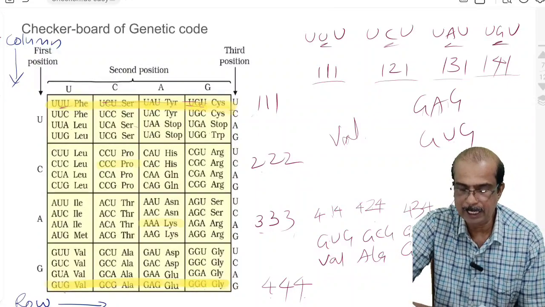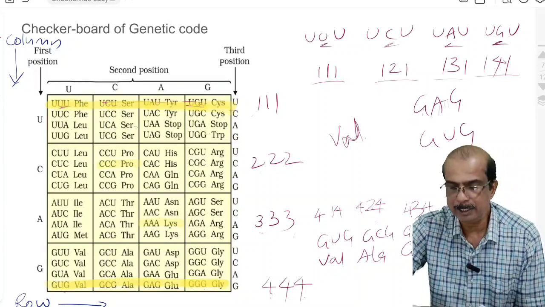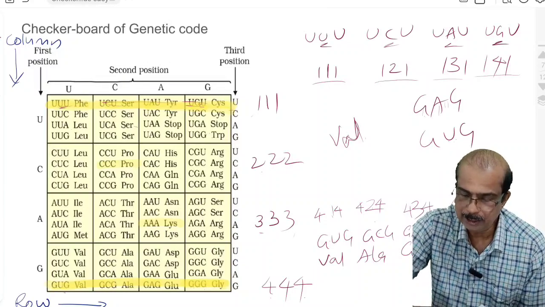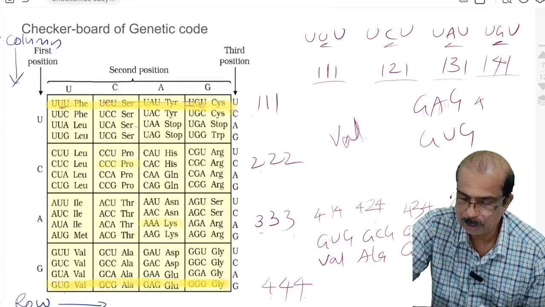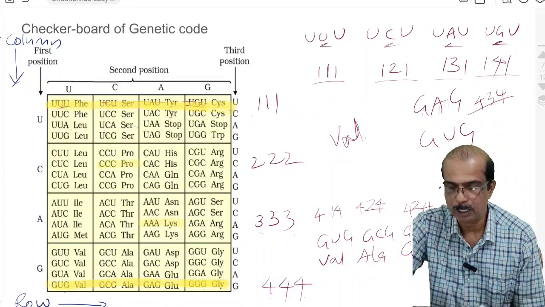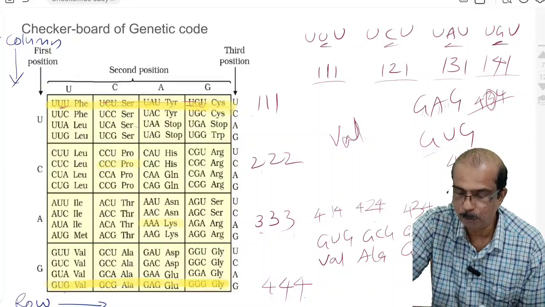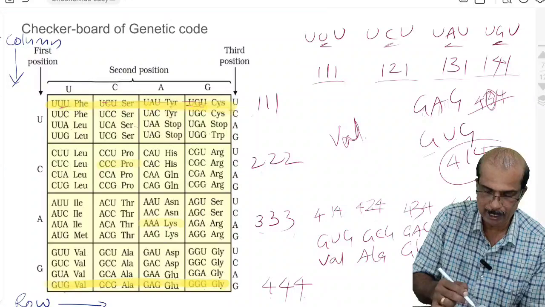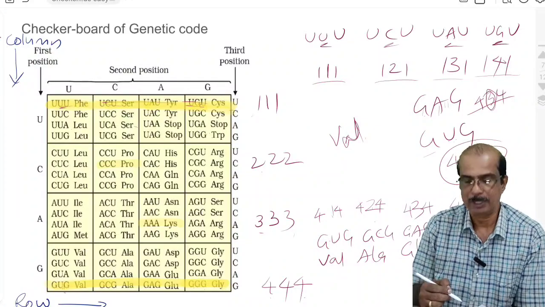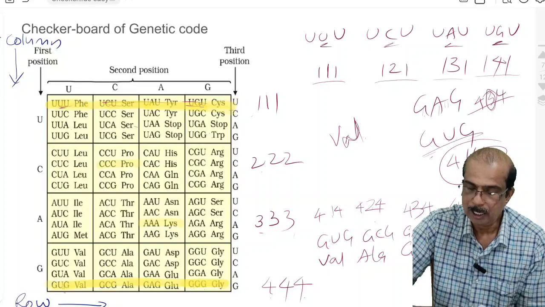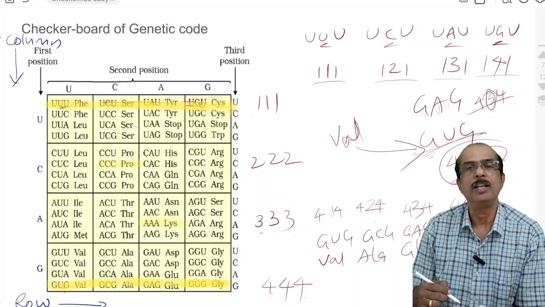You just make them into 3-digit numbers. GAG is 4 UCAG, 434. It is in the third column. GUG is 414. We know that valine is the last amino acid of the first column. That is number 414, and the codon GUG is for valine.